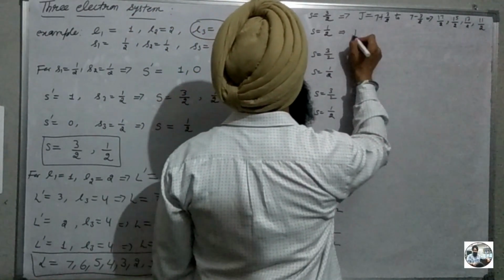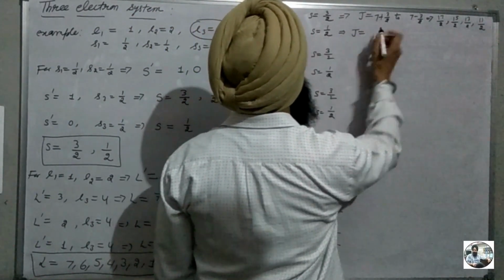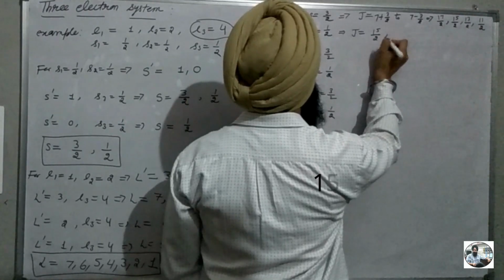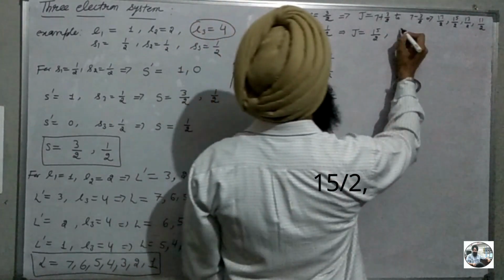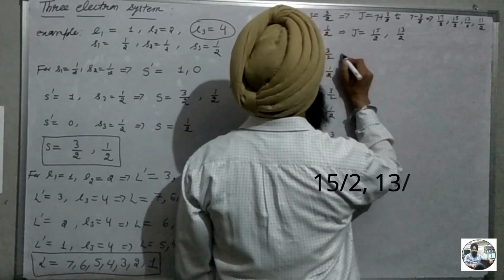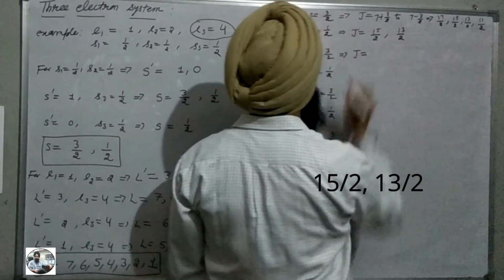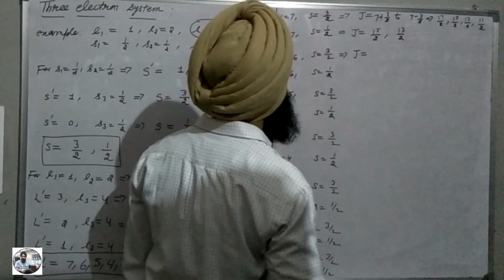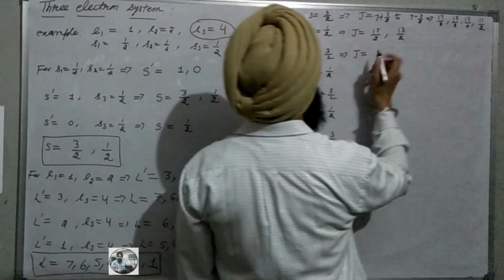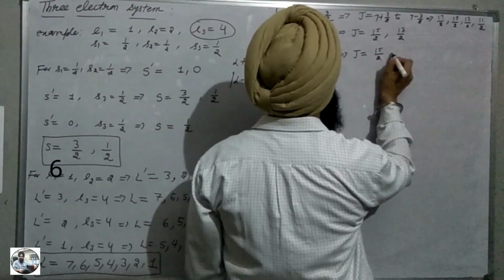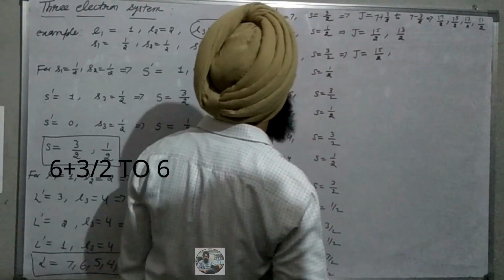So for this, J is equal to 15 by 2, 13 by 2.